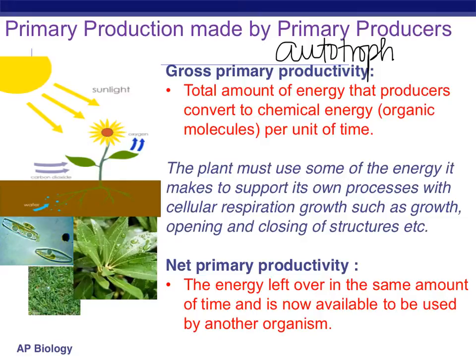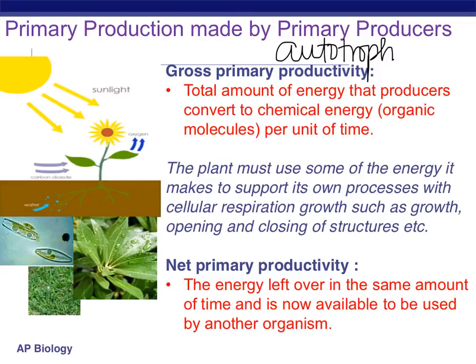But you have to remember that these producers are actual living organisms, which means that they do have some energy requirements of their own. They're going to need some energy in order to support themselves through things like cellular respiration and growth and the moving of parts and pieces and the opening and closing of different structures.